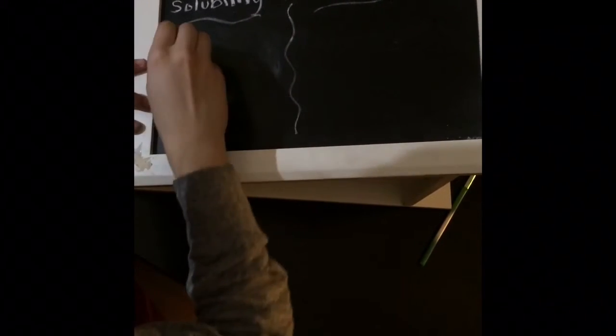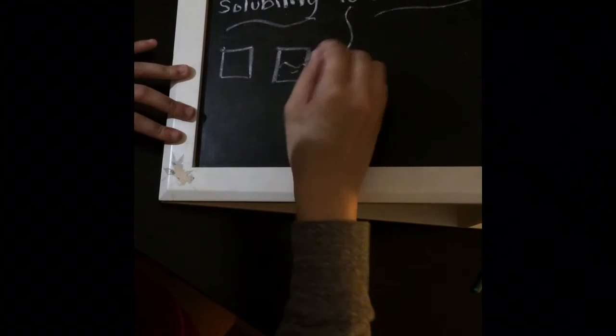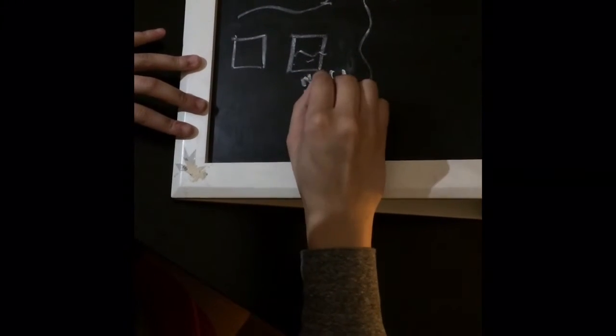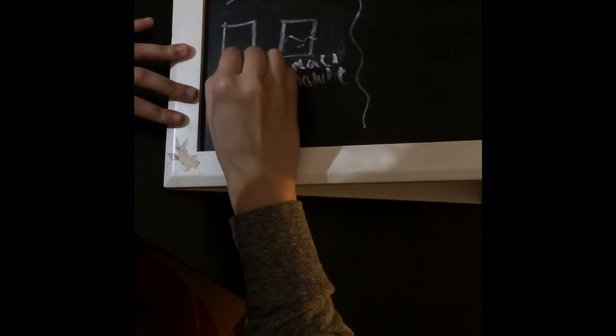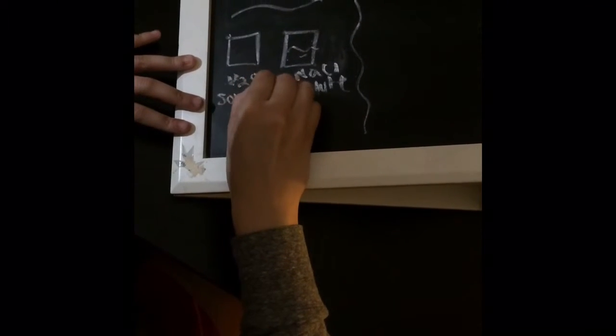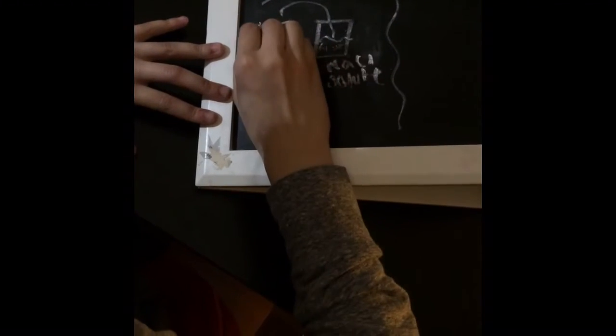Okay, solubility is the ability for one substance to dissolve in another. So here we have some salt, NaCl, which is the solute, and then here we just have H2O, water, which is the solvent. And we've got some salt, we're pouring it in there.